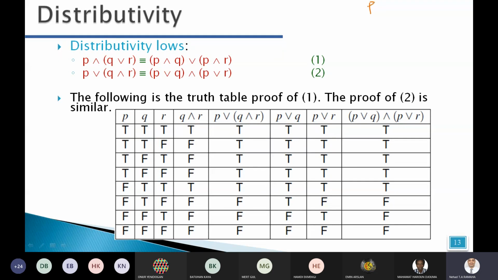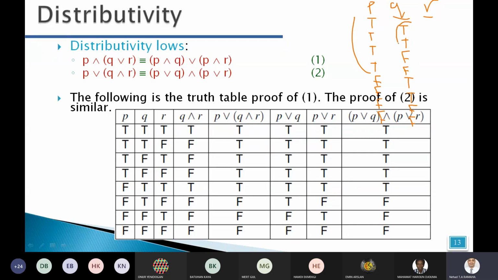If we have P, Q, and R, then we have true, true, true, true, 4 times. Then false, false, false, false. Now the other one, like if we have only 2, it's become true, true, false, false, true, true, false, false.